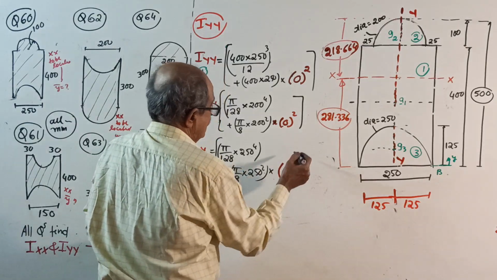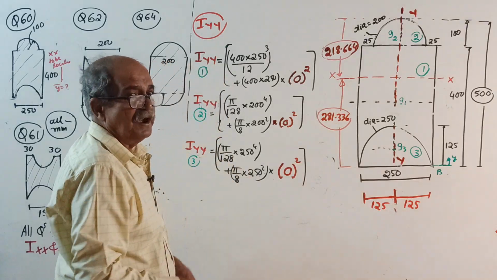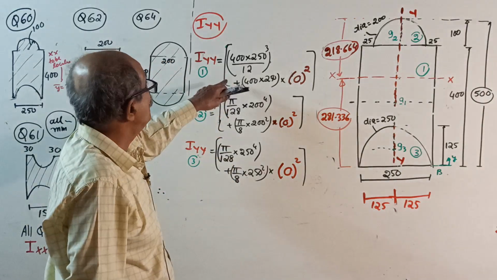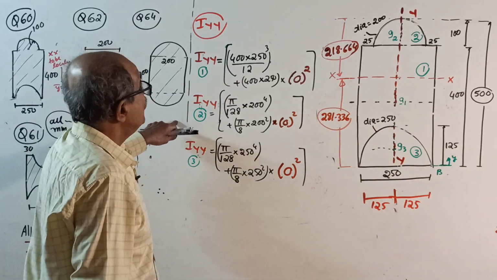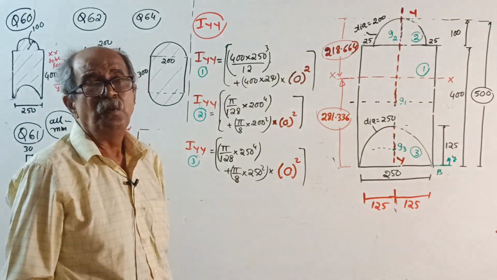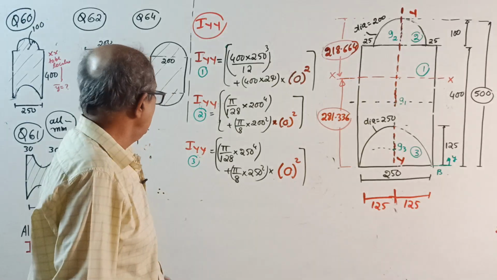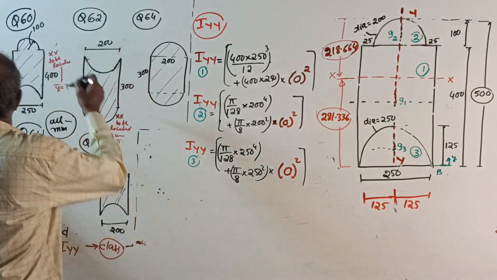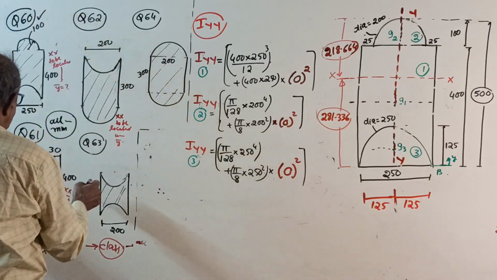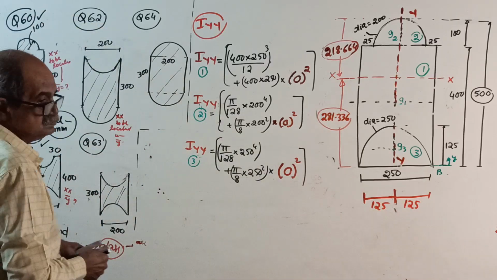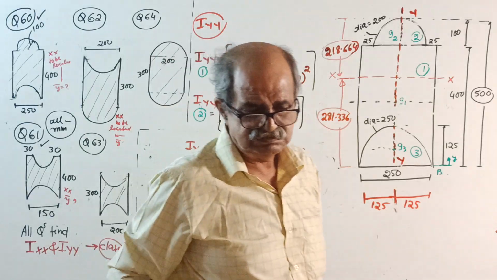Over. Calculate each of them. Final IYY equals IYY for 1 plus IYY for 2 minus IYY for 3. Get the answer. Question number 60 is over. I will go to 61 now.